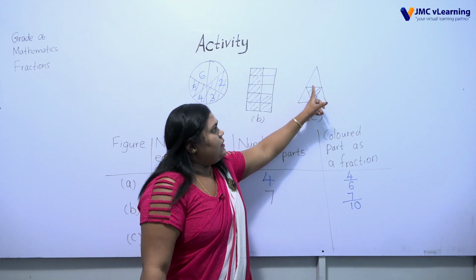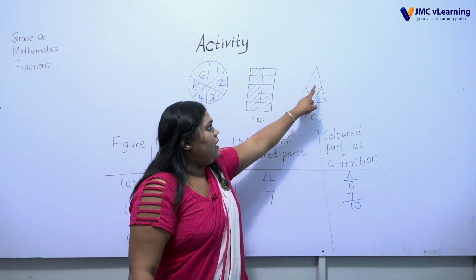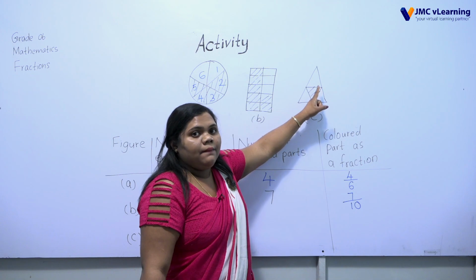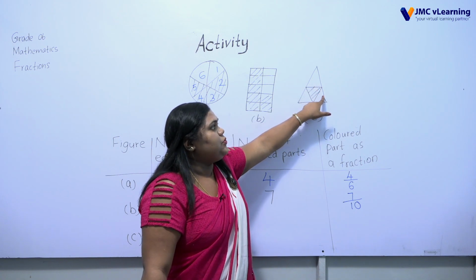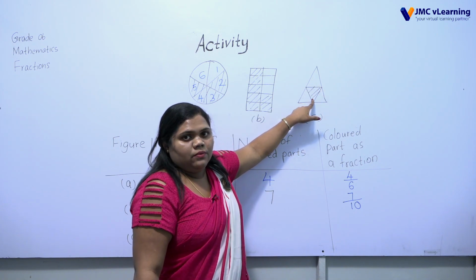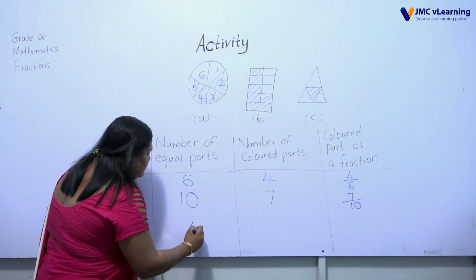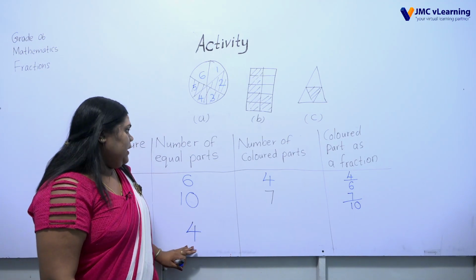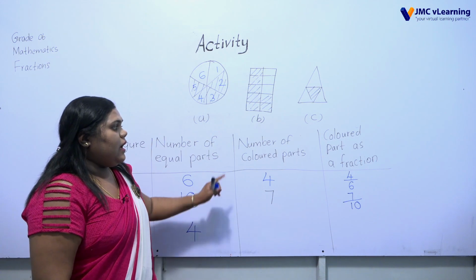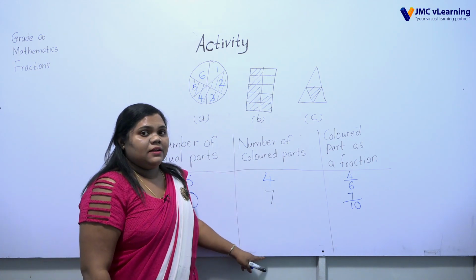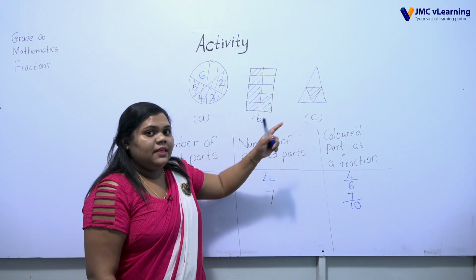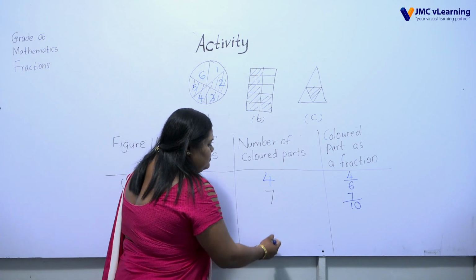See, how many equal parts are there? There are 4 parts. 1, 2, 3, 4. There are 4 equal parts. Of that, how many colored parts are there? Only 1.